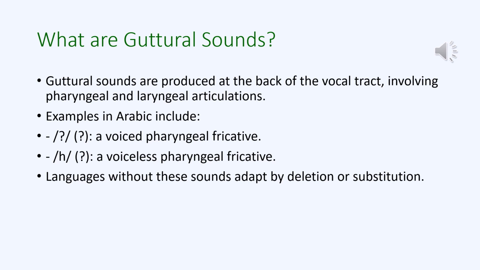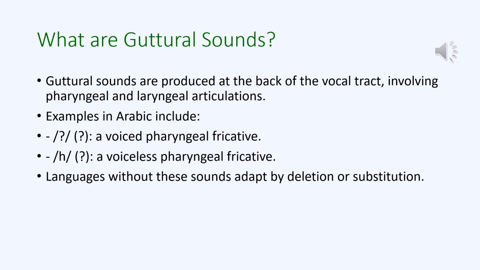Now, when borrowing a word from another language, especially the Arabic language, there are some consonants that are hard to pronounce in other languages, and these consonants are called the guttural consonants or the guttural sounds, and they include the pharyngeal and the laryngeal articulations. But first, to understand guttural sounds: guttural sounds are those that are pronounced from the back of the vocal tract.